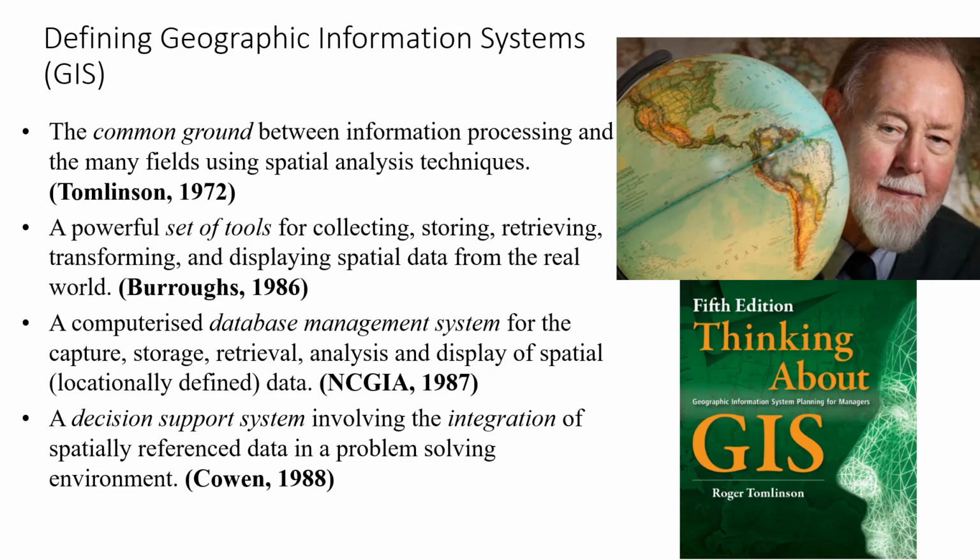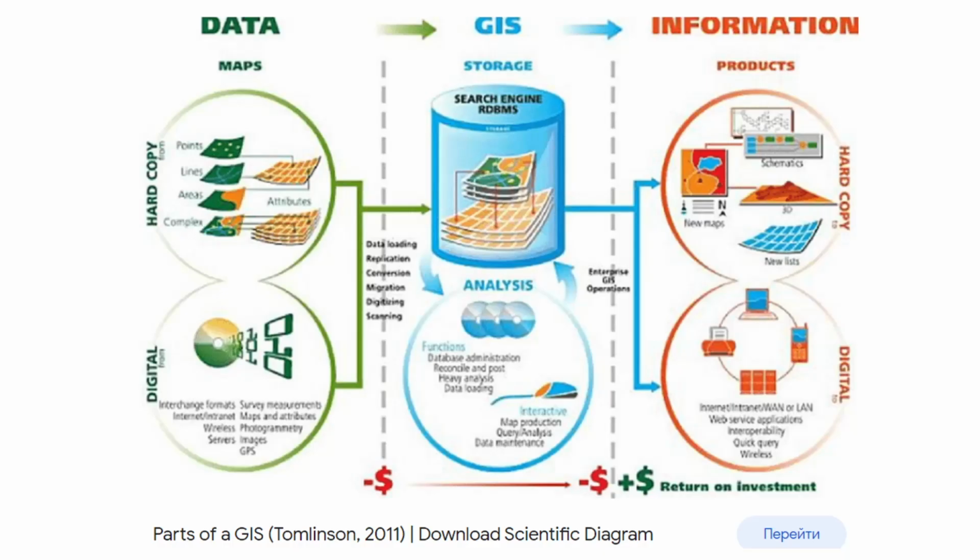A computerized database management system for the capture, storage, retrieval, analysis, and display of spatial data. A decision support system involving the integration of spatially referenced data in a problem-solving environment, and so on. We have a really huge amount of GIS definitions.